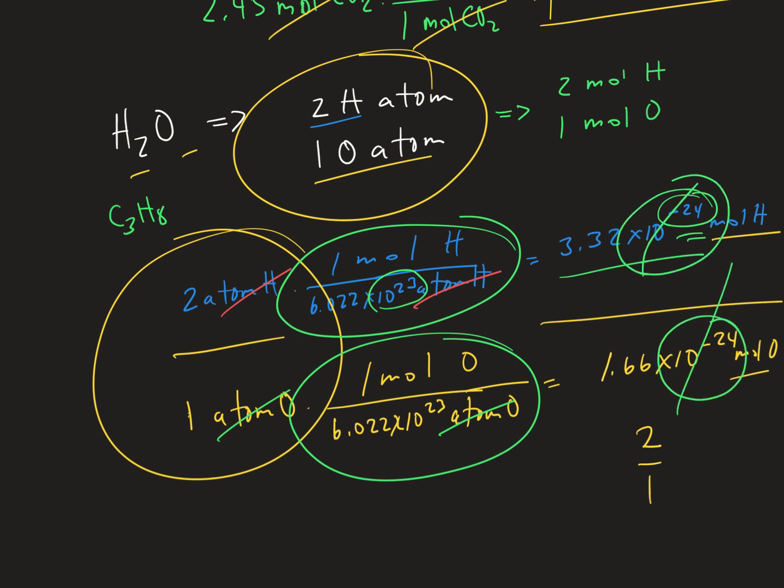So really it's 3.32 divided by 1.66, right? And we get 2. Okay, are we good there? I went over that so that we don't ever have to do it again. We're never going to do this proof again, ever. We might have to convert moles to particles and particles to moles one time on this exam, but that's it.